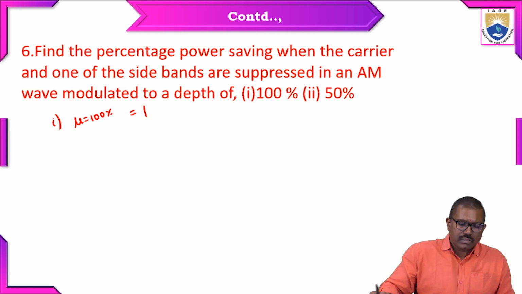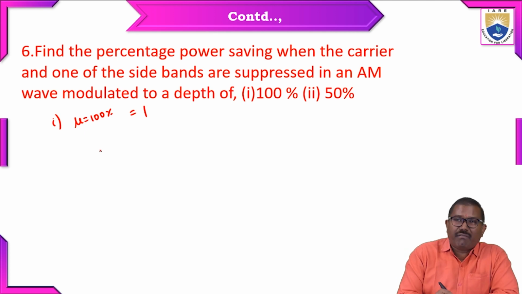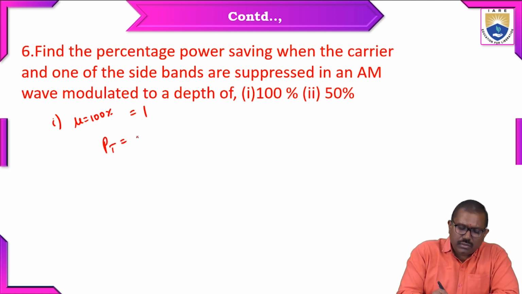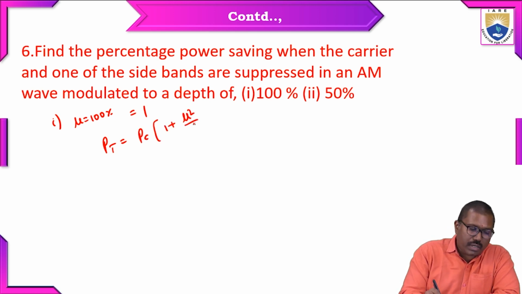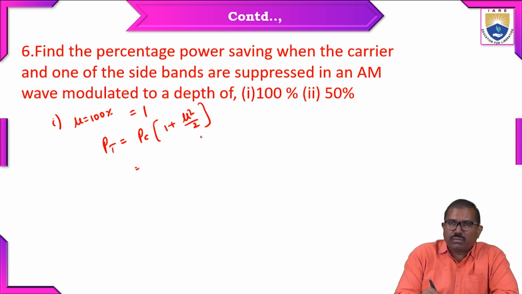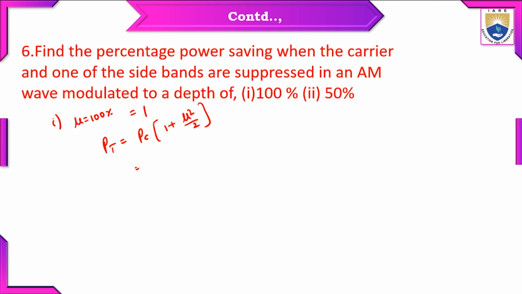So the total power in AM. What is the formula? PT is equal to PC into 1 plus mu square by 2. Here mu value is 1, so 1 by 2, you can write it as 1 plus 0.5, or 1.5 PC. So PT is equal to 1.5 PC.